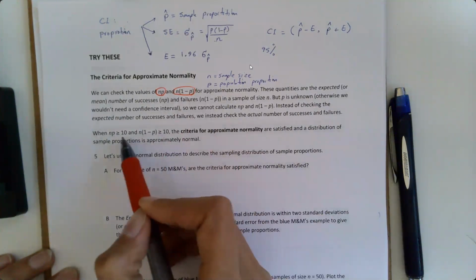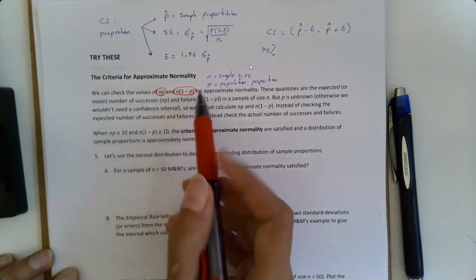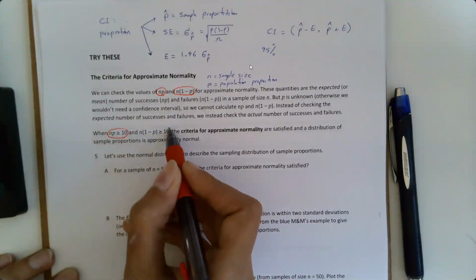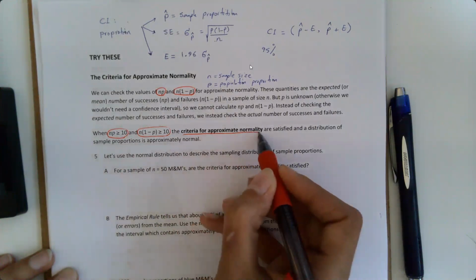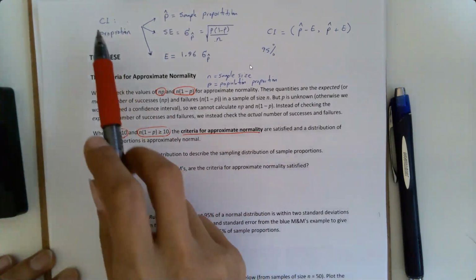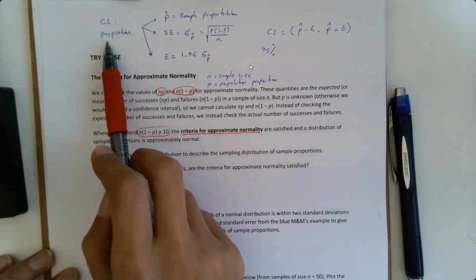So calculate np, calculate n times 1 minus p, and when these two numbers are both larger than or equal to 10, you say that the criteria for normality is met, and you can officially start constructing the confidence interval for your proportion.